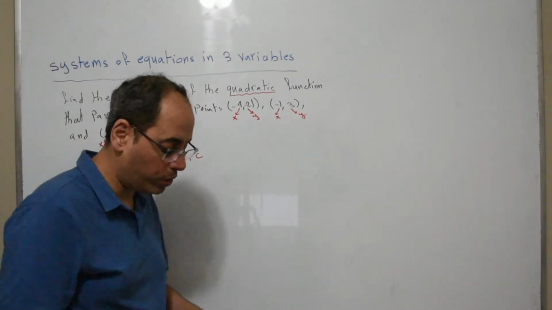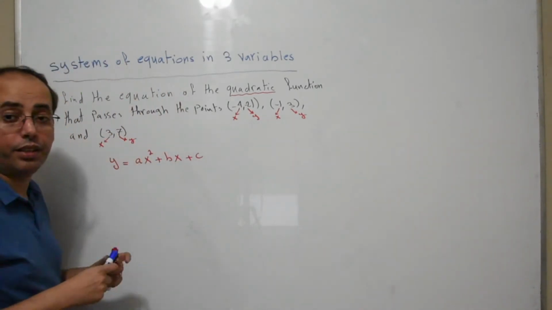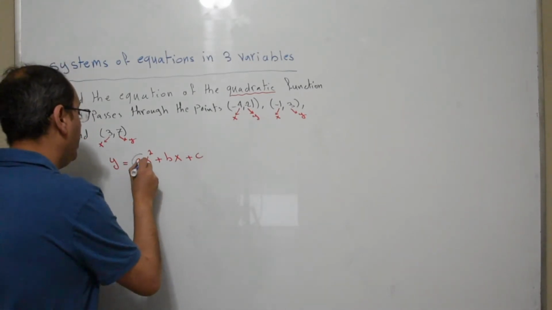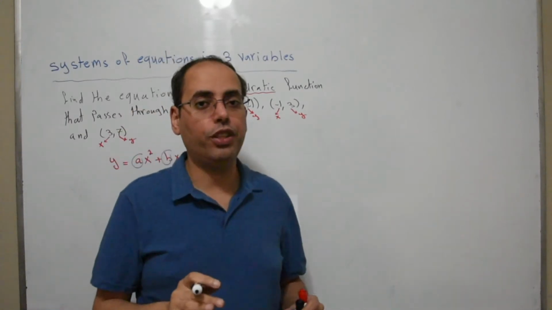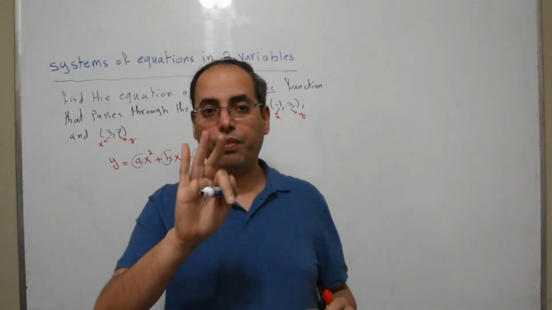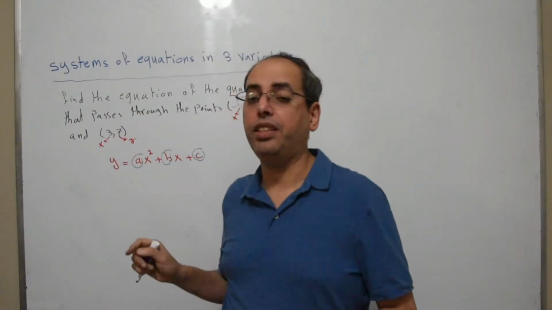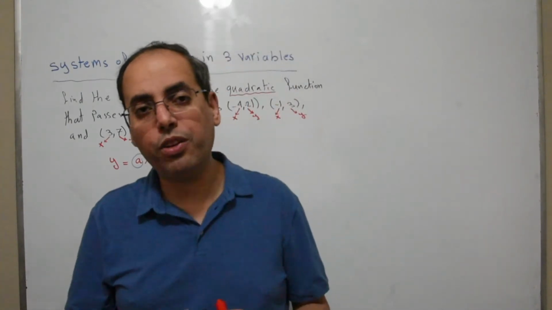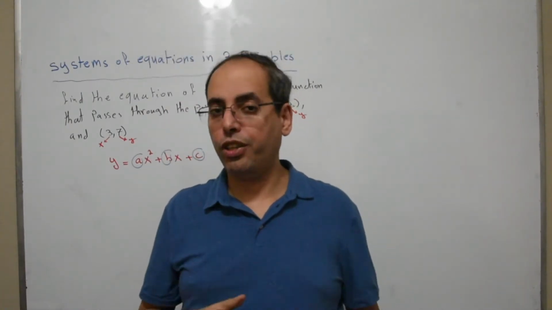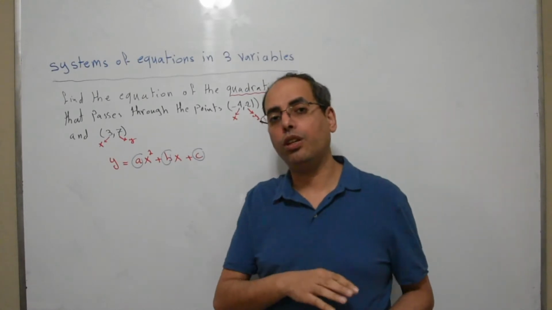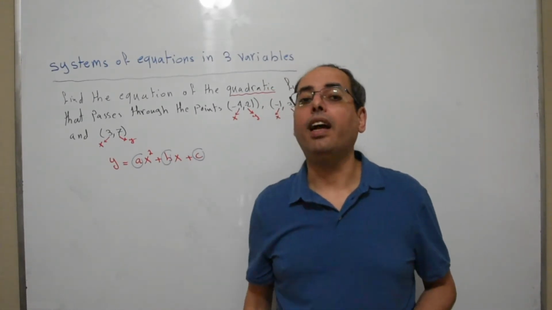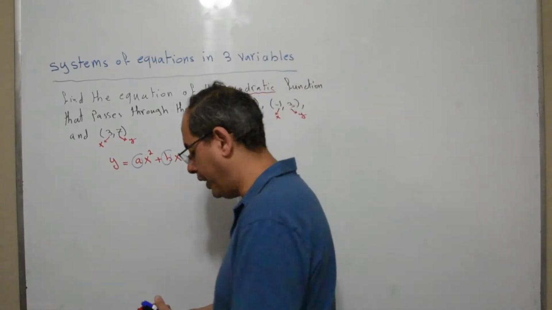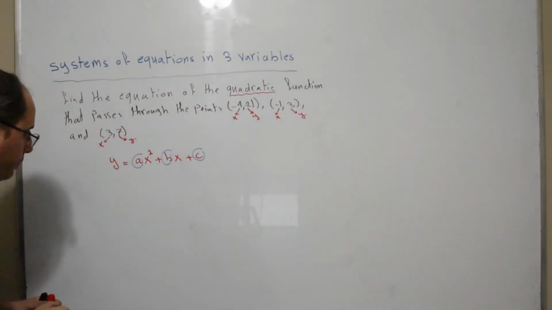So the variables I am looking for here are a, b, and c. The system of equations is solving for the 3 variables a, b, and c. I have 3 unknown variables. How many equations do I need to solve for 3 unknown variables? 3 equations, correct.